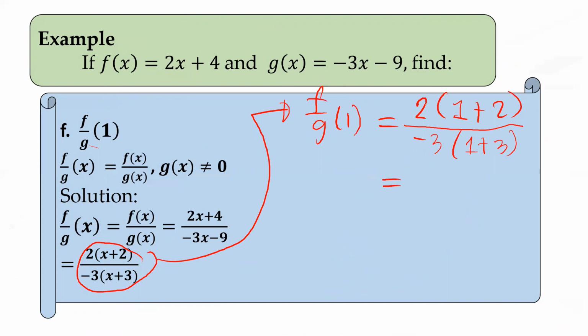Alright, what you need to do is to use the distributive property. Distribute. First, 2 times 1, that is 2. Copy, plus 2 times 2, that is 4. Next, sa baba, negative 3 times positive 1 would give you negative 3. Plus, negative 3 times positive 3.